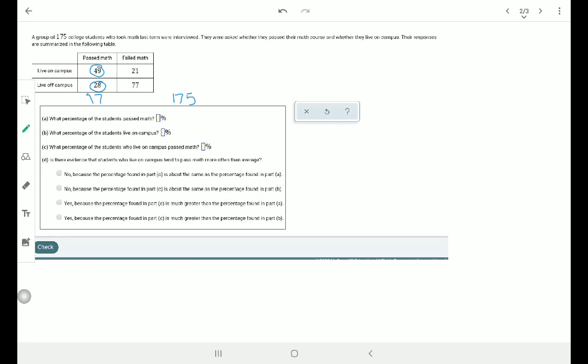So 77 students out of 175 passed math. If I do 77 divided by 175, that'll give me 0.44. Now remember, to make it a percent, we have to times it by 100. So that gives me 44%. So that would be part A, 44%.